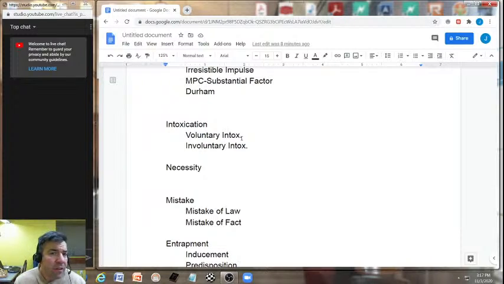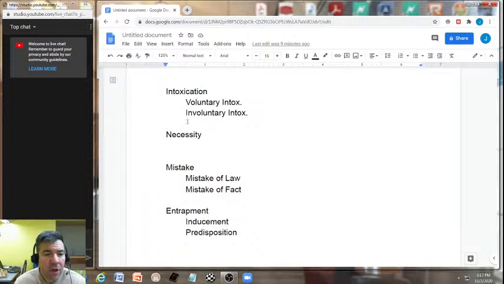This is a defense to specific intent crimes, but not a defense to general intent crimes. On the other hand, involuntary intoxication, where a party does not voluntarily take on the intoxicating substance, would be a defense to both specific intent crimes and general intent crimes.